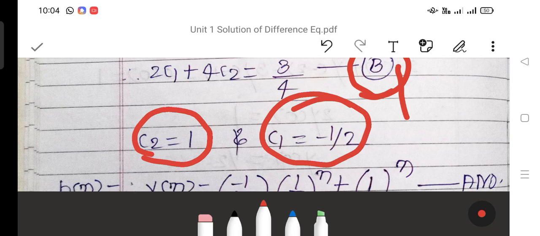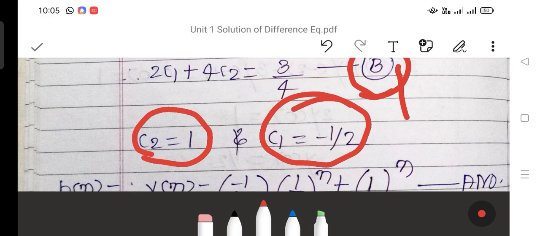Note that if there are three unknowns c1, c2, c3, we need three simultaneous equations. Here, as there are two unknowns, we need two simultaneous equations. The first we obtained by putting n equals 0, the next by putting n equals 1.